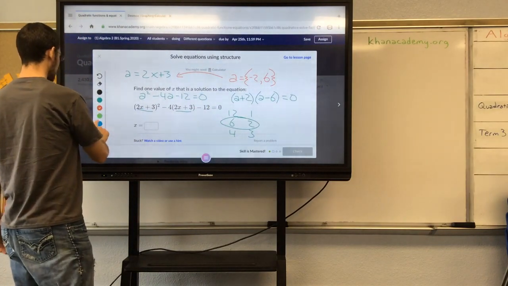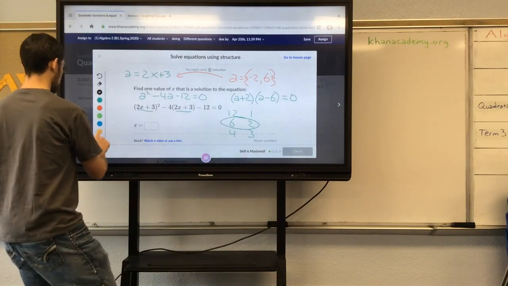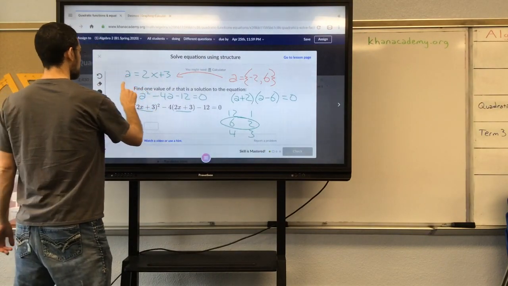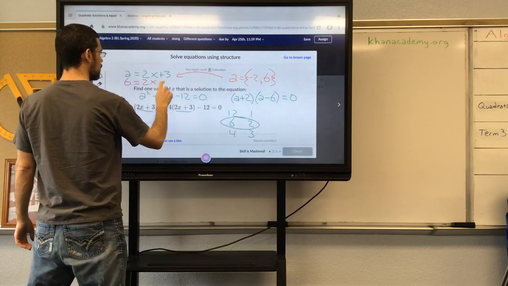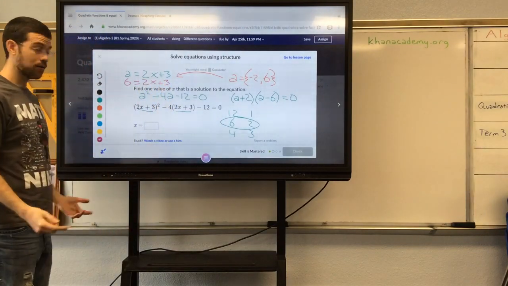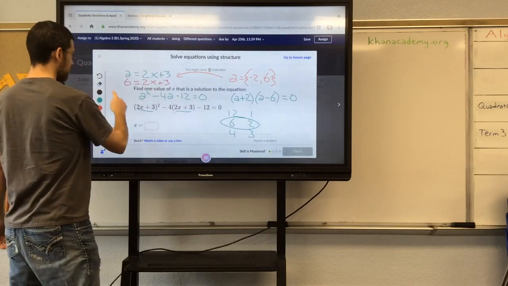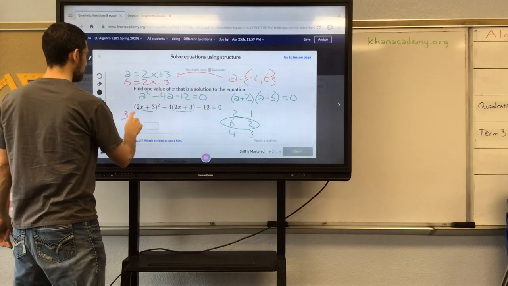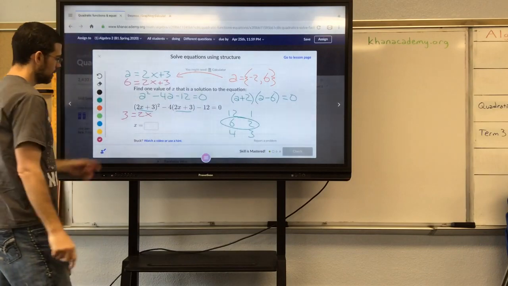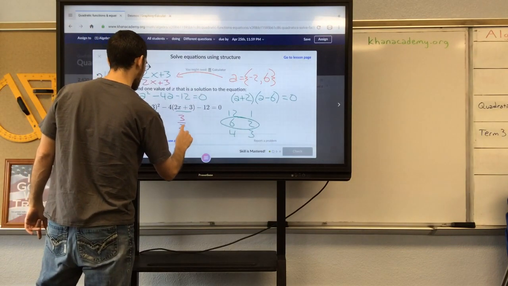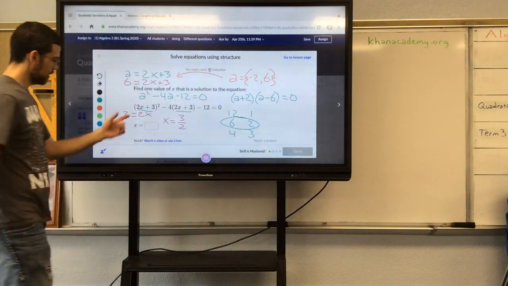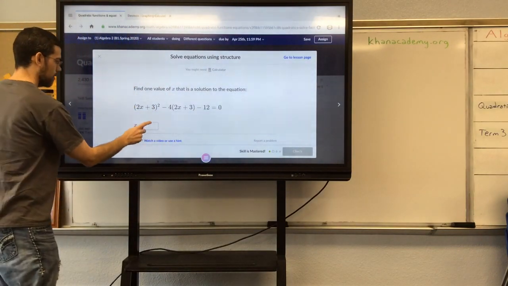So then we will have 6 equals 2x + 3, and we can solve that equation. Subtract 3 from both sides and we get 3 equals 2x. Divide by 2 and we get 3 halves equals x. And we're done with that one.